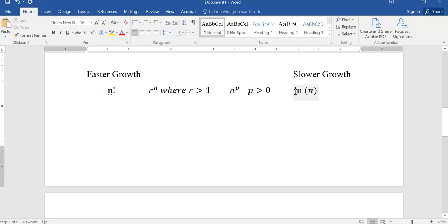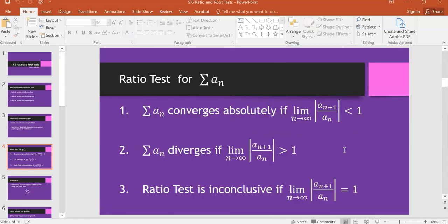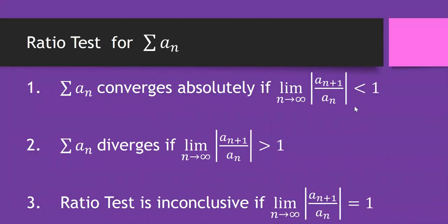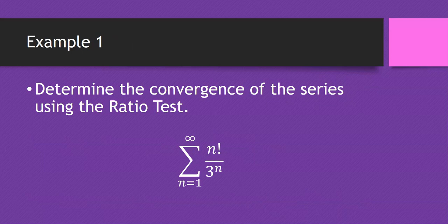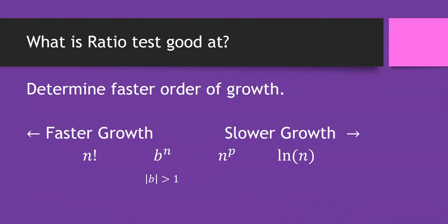Natural log is slower than everything. This is what I just wrote down: factorial, then b to the n, then n to the p, then natural log.